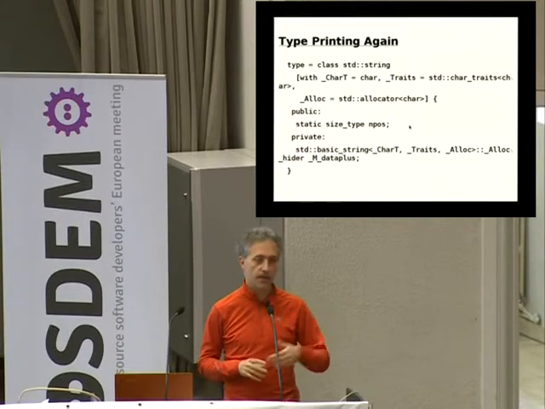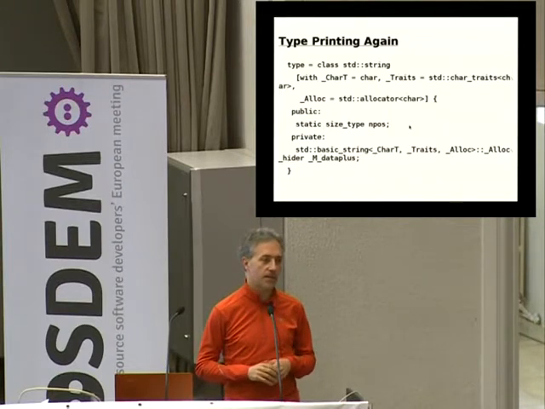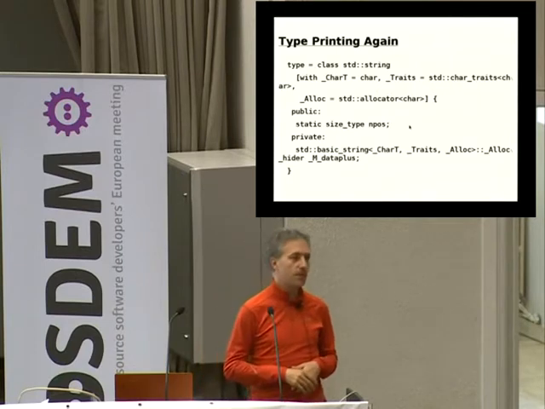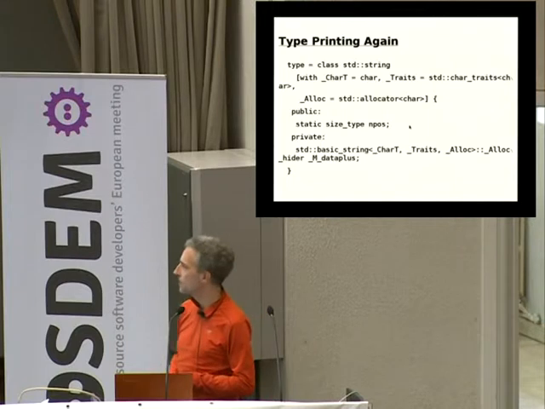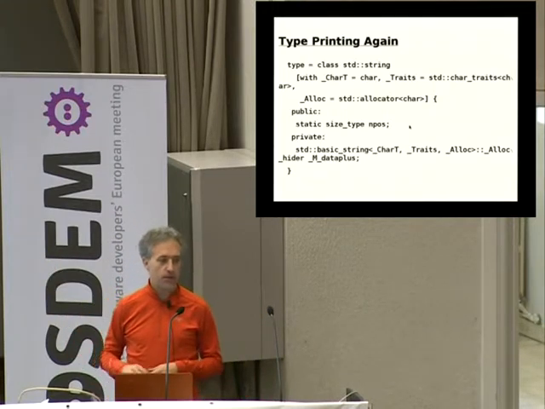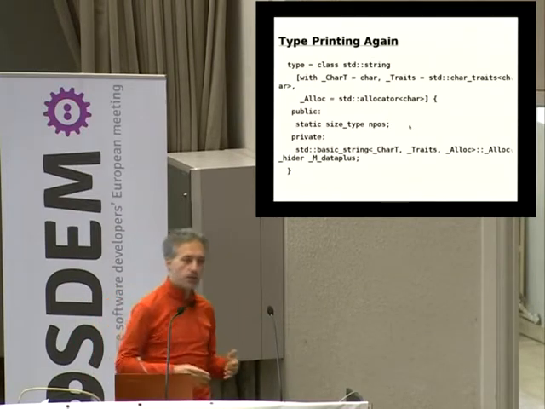And so you can teach it that through the type printers. You can say, whenever you see this hairy mess, really everybody writes this. And generally speaking, when you go to print this type, you should print the thing that people really want to see. And again, this is hook activated, associated with your application, maintained by you.